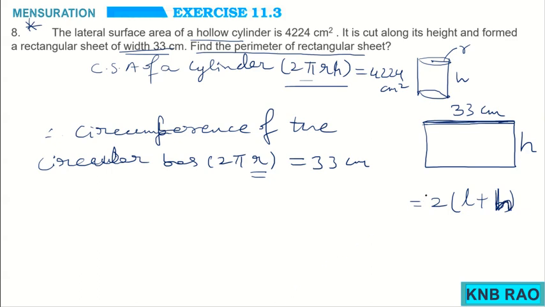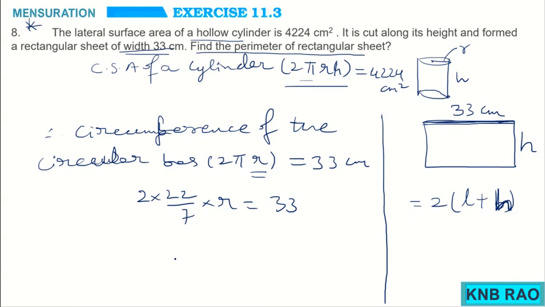So compulsorily take here the circumference of the circle which is spread as the width of the sheet, 33 centimeter. By that it is possible to be solved. Here now 2 into 22 by 7 into r equals 33.